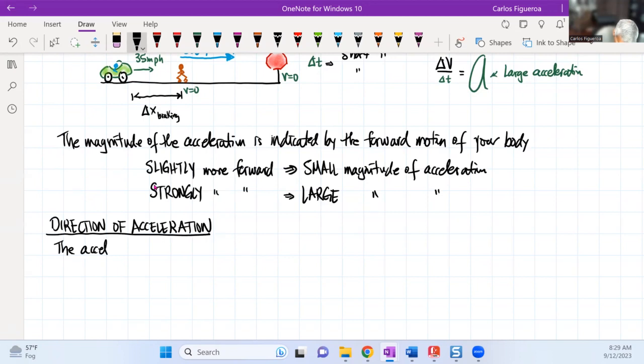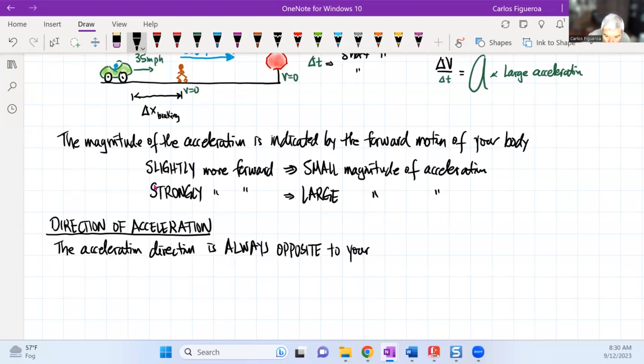The acceleration direction is always opposite to your body's motion. So let's look at this thing. Remember, we're only talking about speeding up and slowing down. So what do we find here?